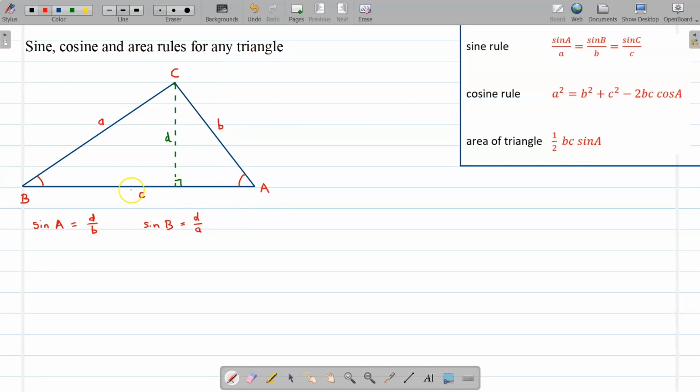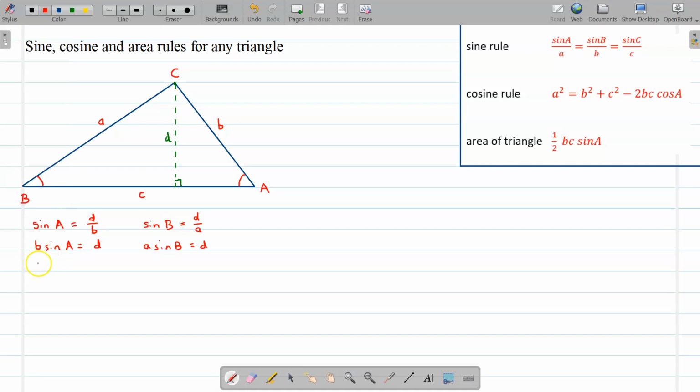Now, if I multiply this equation here by b, I get b times the sine of A is equal to d. And if I multiply this equation both sides by a, I get that a times the sine of B also equals d. Now, it's quite easy to see that if both of those two expressions are equal to d, then they must be equal to each other.